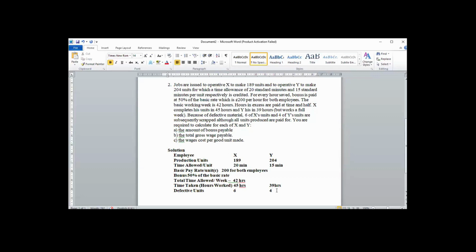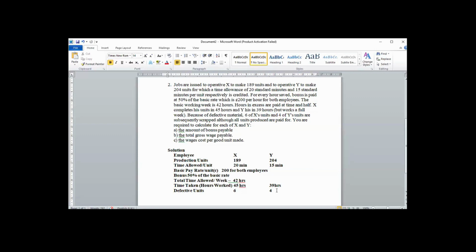From the Halsey-Weir, we have 1/3 times time saved times the basic rate per hour. While the third method, Rowan method, says time saved times time taken over time allowed times the basic rate.